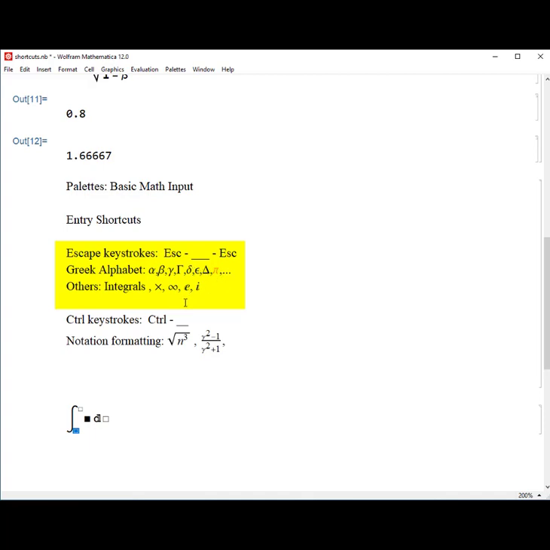Pi is again using escape keystrokes. Also integrals, you can enter those integrals that I showed you, the multiplication symbol as opposed to the asterisk, actually using the times symbol as the cross. You can enter that. Infinity, E, I, those can get entered with the escape sequence.